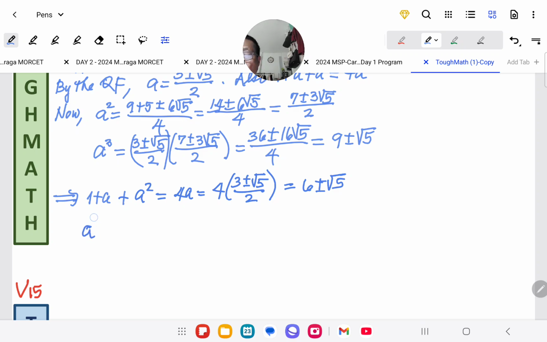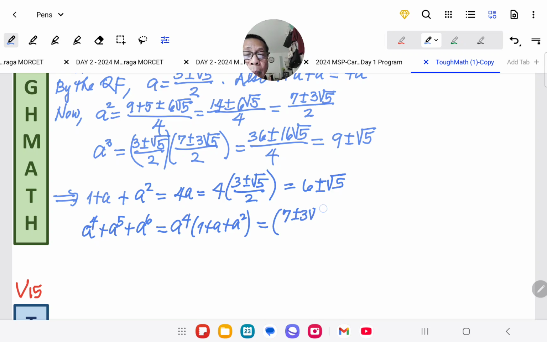And a to the fourth plus a to the 5 plus a to the 6 is equal to a to the fourth times 1 plus a squared, which is equal to 7 plus or minus 3 square root of 5 over 2 times 6 plus or minus the square root of 5.